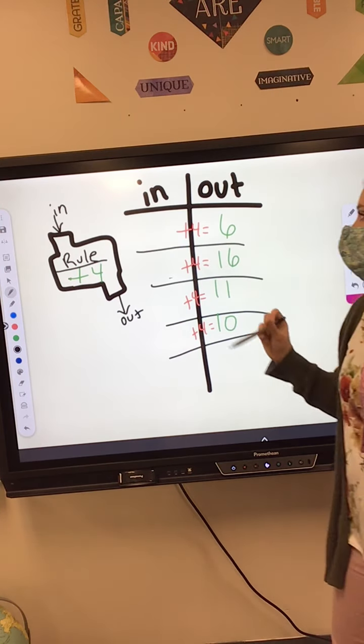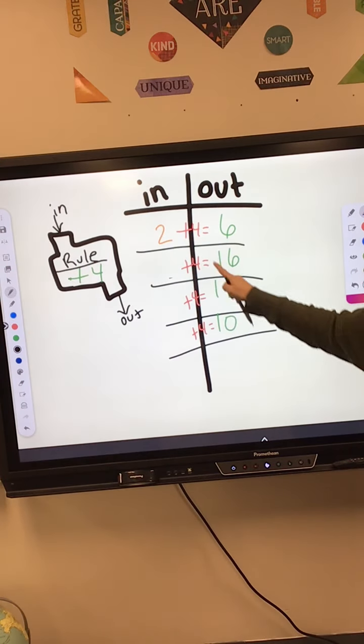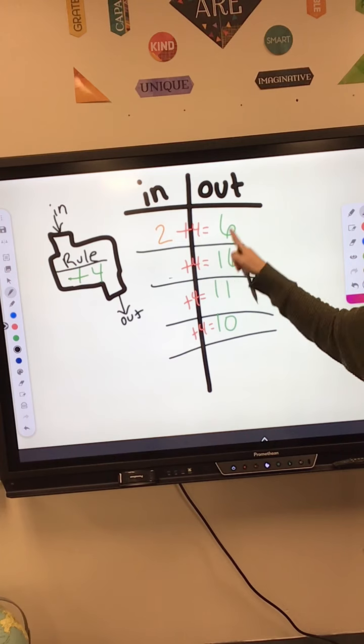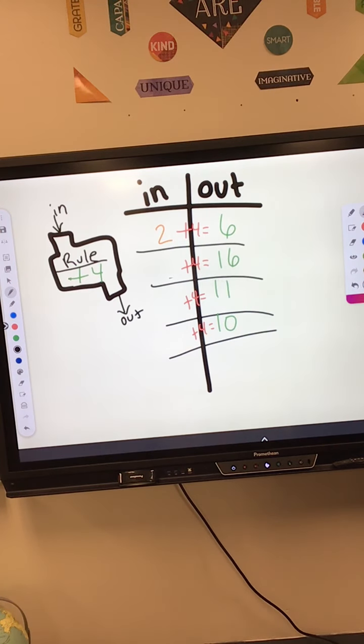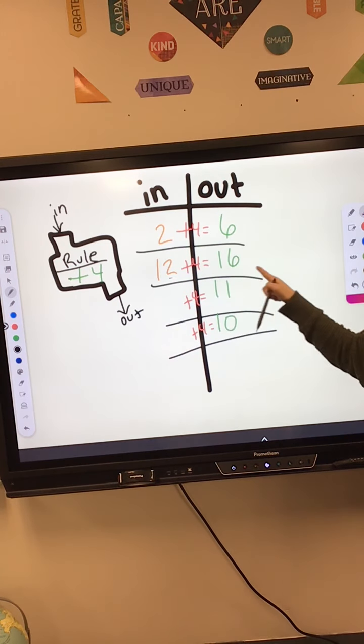Alice. 2 plus 4 equals 6. Anybody know what plus 4 equals 16? Do you know, Nevaeh? What would you add 4 to get 16? Weston? 12. What would you add 4 to get 11?